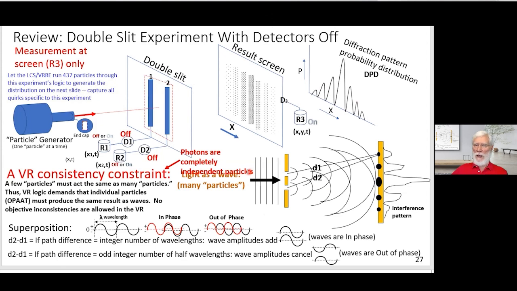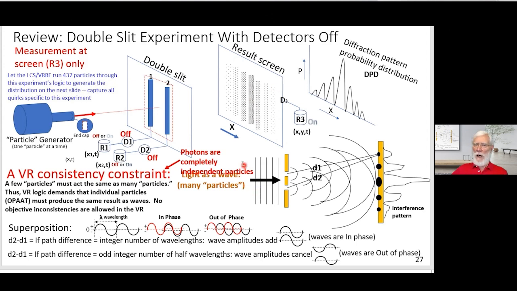Well, take the random draw from that probability distribution, and that's where you put the particle on the screen. If you were watching this experiment, you wouldn't just instantly see all of these dots. You'd see a dot over here, then a dot down there, then a dot up here, then a dot over here. They just come in randomly because that's the random draw from that distribution.